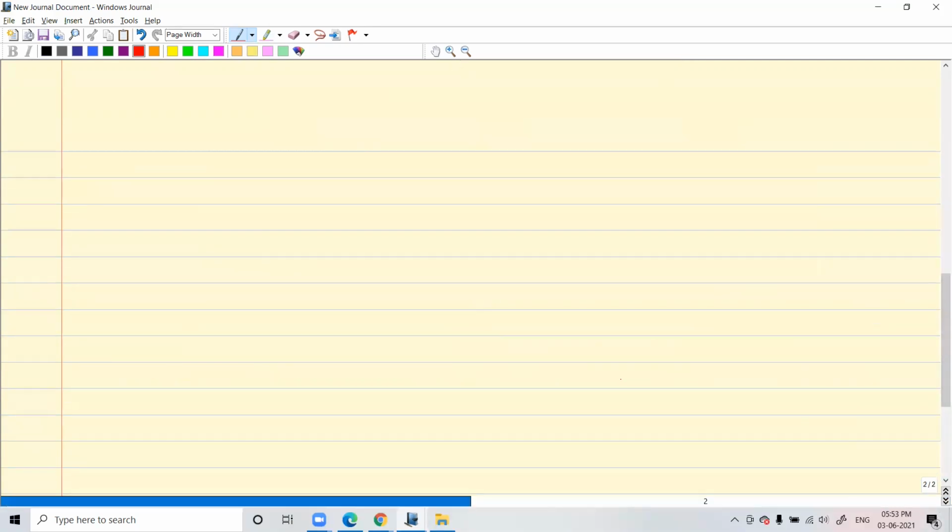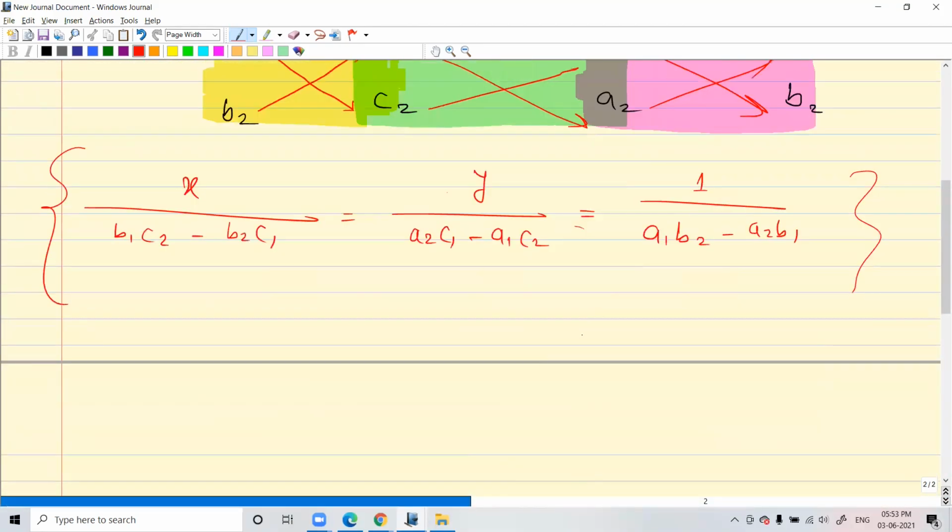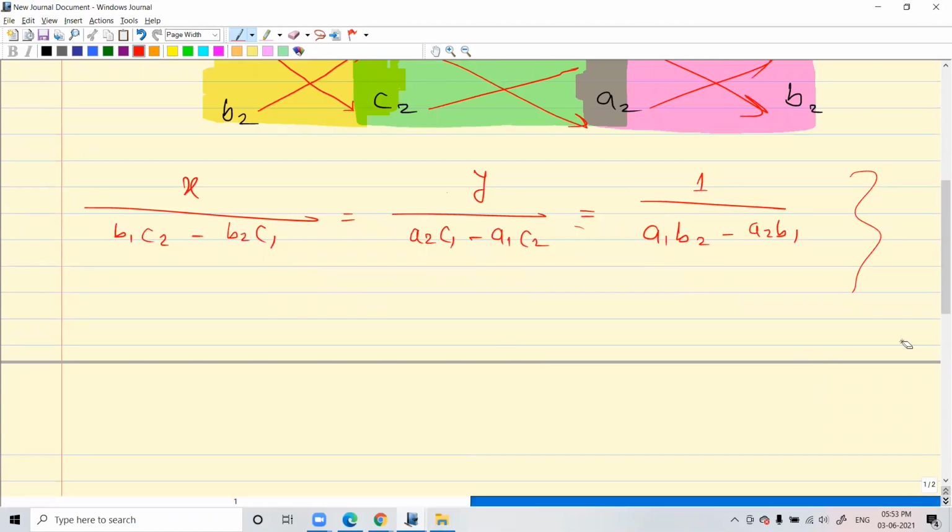This is very simple. You have these 3 ratios which are equal to one another, no? So you take the first one and the last one. You take this x by this ratio is equal to the last one.